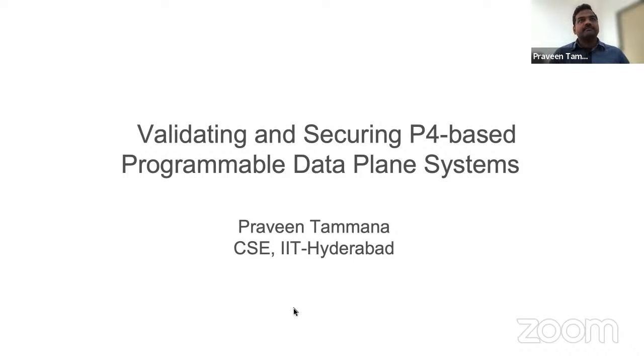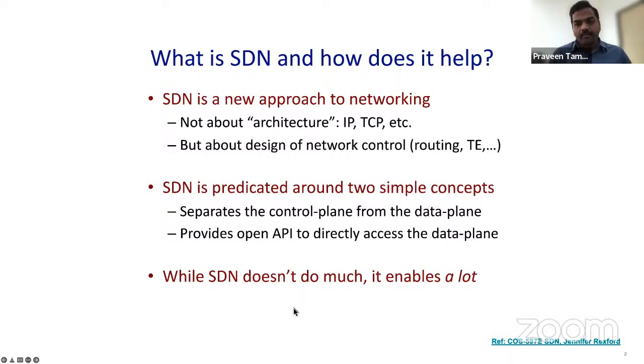So let me get started by first giving you a quick recap of what SDN is and how it is different from traditional networks. To give you a quick summary, SDN is a new approach to networking. It's not about a protocol and architecture like TCP/IP, but about how you design network control and program the system so that you meet the routing and traffic engineering requirements.